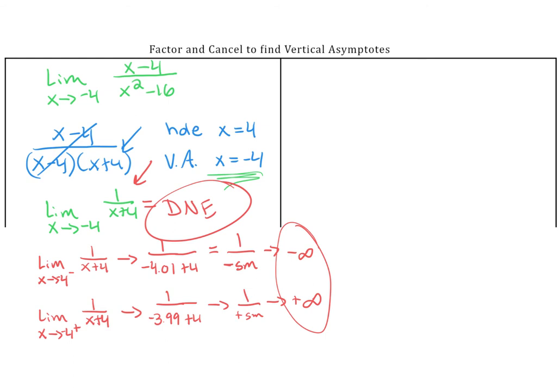Okay, here is another example. The limit as x approaches negative 4 again, this time of 1 over x squared plus 8x plus 16.